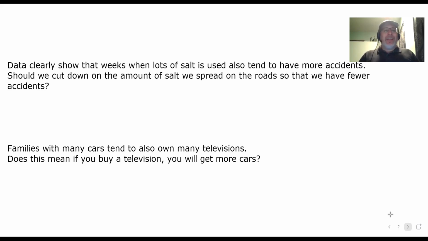One of them was data clearly shows that weeks when lots of salt is used also tend to have more accidents. Should we cut down on the amount of salt we spread on the road so that we have fewer accidents? This was in the context of really cold and icy roads.